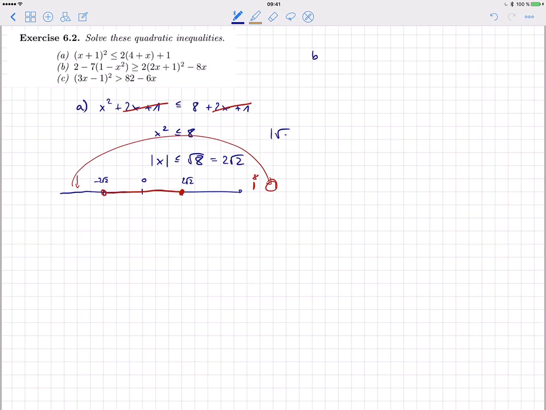Number B. Now this is 7 plus 7x squared. And here we have a binomial formula. Two minus 7 is minus 5. And here we have 8x squared, 8x, and 2.